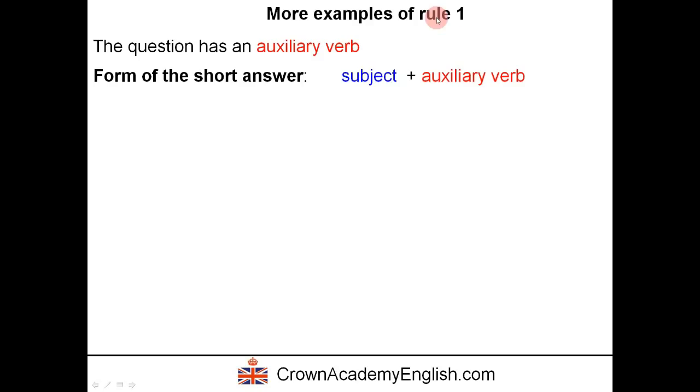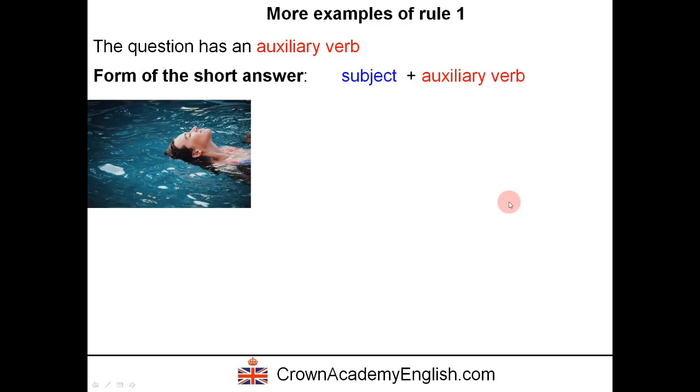Let's look at some more examples of Rule 1. So here is the reminder of Rule 1. The question has an auxiliary verb, so the form of the short answer is subject followed by the auxiliary verb. David asks, can you swim? So here, the auxiliary verb is actually a modal verb, because a modal verb is also a type of auxiliary verb.